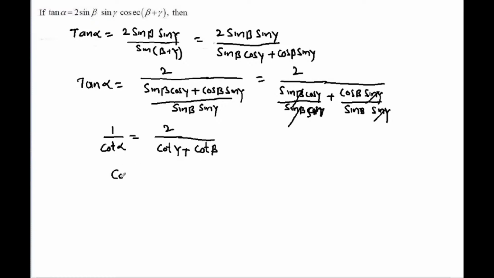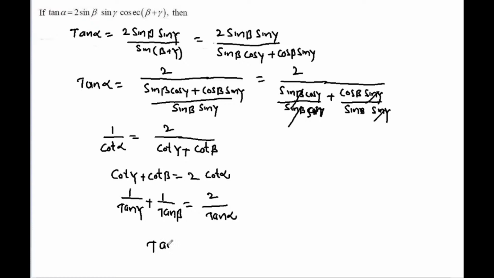So cross multiplying, cot gamma plus cot beta is equal to 2 cot alpha. So cot gamma is 1 by tan gamma, plus 1 by tan beta, is equal to 2 by tan alpha. That means tan alpha, tan beta, tan gamma are in harmonic progression.